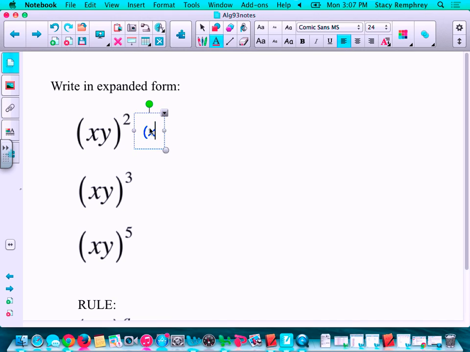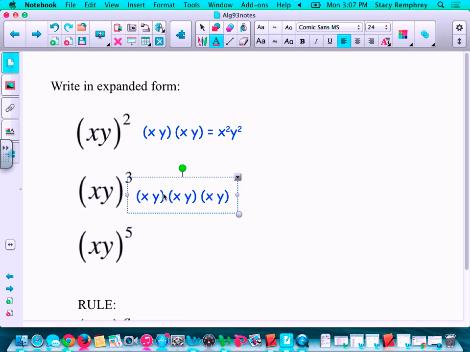For our last one, we're going to have xy, x times y, and we're going to multiply it by itself twice. All right, well, that gave me 2 x's and 2 y's. Over here, I have xy 3 times. Well, I ended with 3 x's and 3 y's.